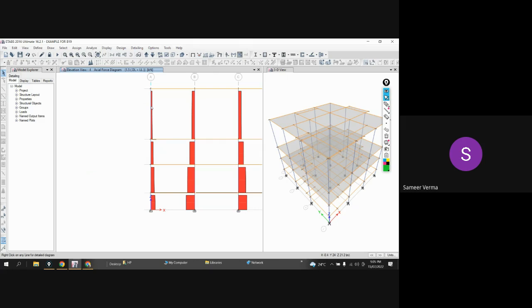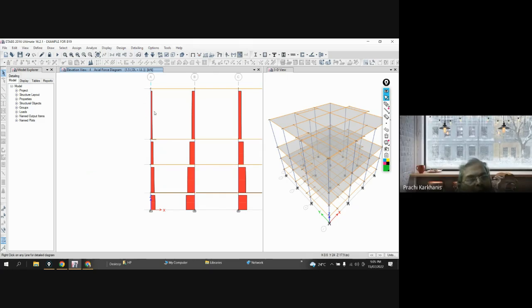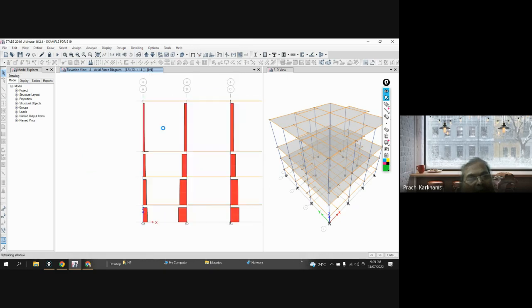Yes, sir. Yeah, you can see this. You can check the dimension. How will you check the dimension? Because this software will always give you the bending moment and shear force diagram at the face, so at the face of the column as well as at the face of the beams.